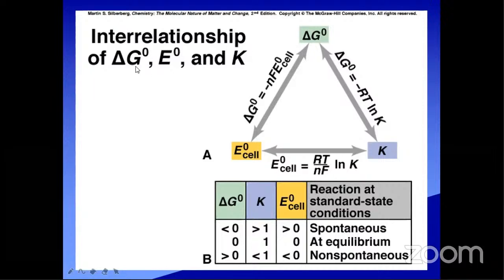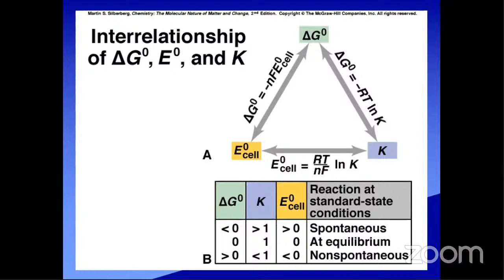See the interrelationship between delta G naught, E naught and K. Before that, if the E naught cell value is greater than 0, see this column, then that reaction is called a spontaneous reaction. At that time 1.10 volts will become, the total cell potential of zinc and copper 2 plus.